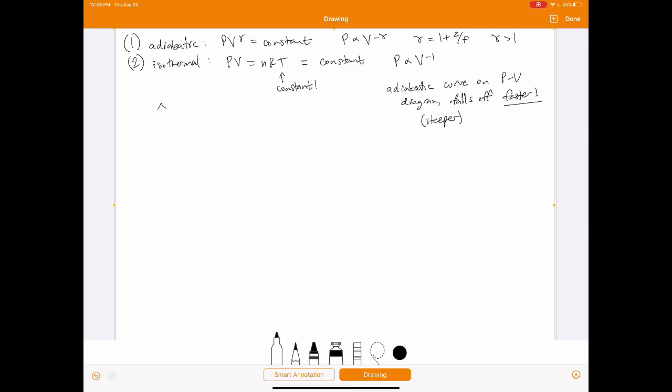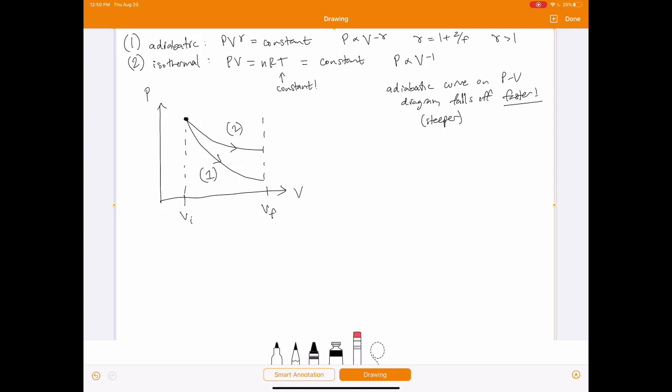If we plot it out, okay, PV diagram, and again, we start at the same point. We're up here somewhere. Here's V initial, and we'll expand the gas to this V final over here. If I start by drawing the adiabatic curve, let's say that's the adiabatic curve, label it number 1. I know the isothermal curve doesn't fall off quite as fast, so it's maybe up here somewhere. Okay, that's what we figured out by just looking at the powers.